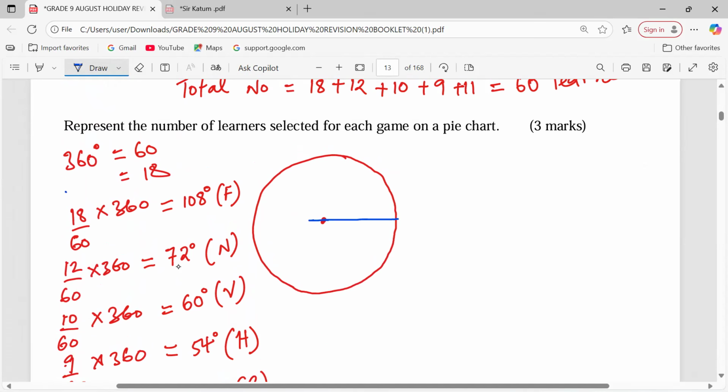So 108, which is at that point. So I just produce a line. 108 degrees. This is football.